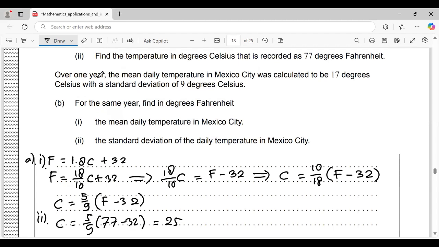In one year, the mean daily temperature in Mexico City was calculated to be 17 degrees Celsius with a standard deviation of 9 degrees Celsius. The mean daily temperature in Mexico City in Fahrenheit: we are going to use this Fahrenheit formula.